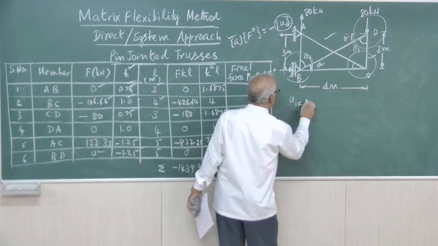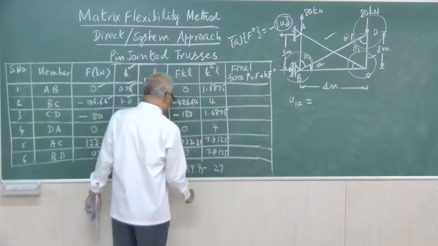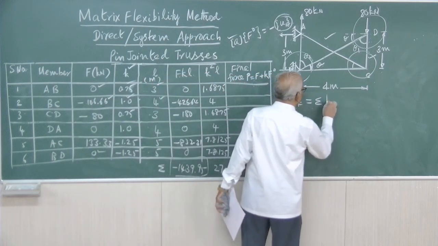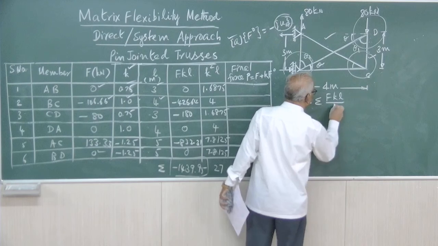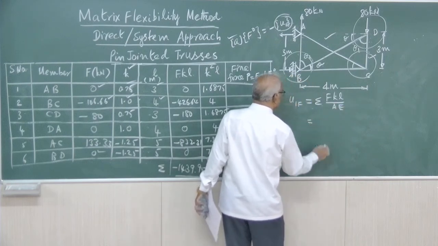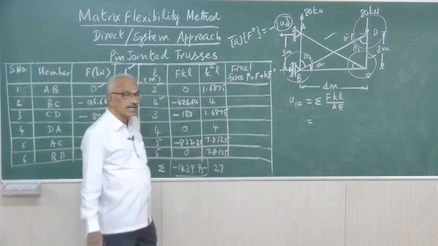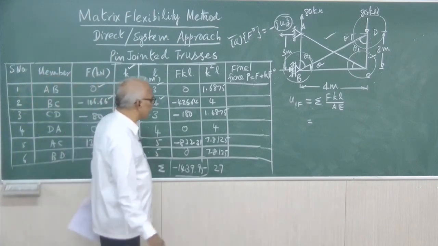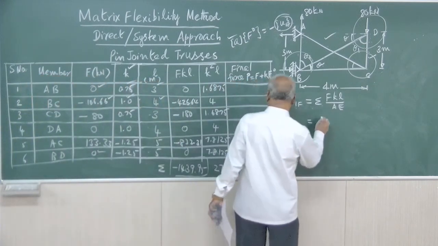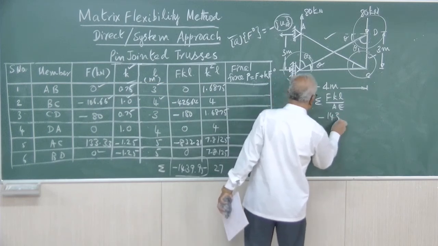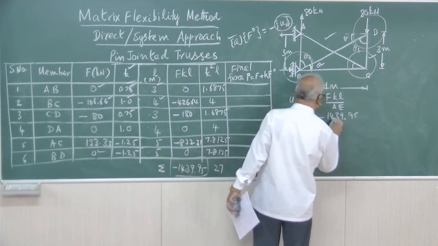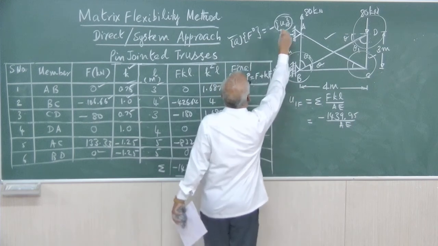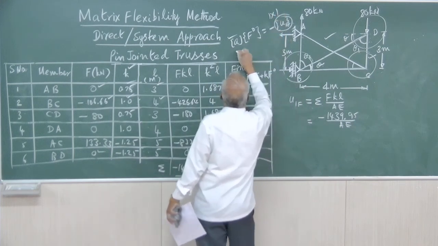UIF equal to sigma FKL by AE, which is the displacement along the redundant in the primary structure due to the given external loading, equal to minus 1439.95 by AE. Next, we know this is 1 by 1. There is only 1 degree of redundancy.